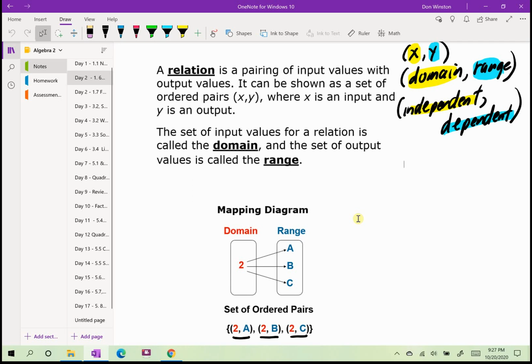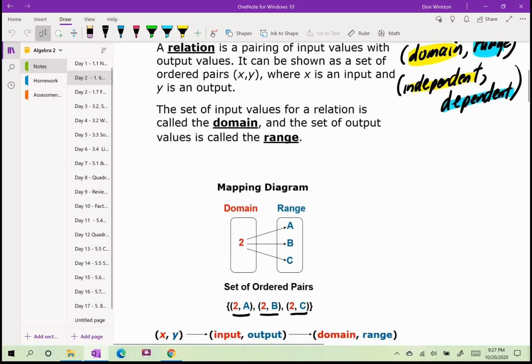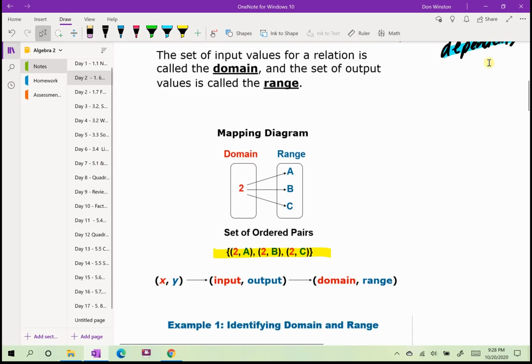We only have one x, and that x goes to A, and it goes to B, and it goes to C. So 2 goes to A, 2 goes to B, and 2 goes to C. Notice here, they listed that for us as ordered pairs in roster notation, because we have a finite number of elements. We have 3 ordered pairs. 2 goes to A, 2 goes to B, and 2 goes to C. Again, x is the input or the domain, and y is the output or the range.